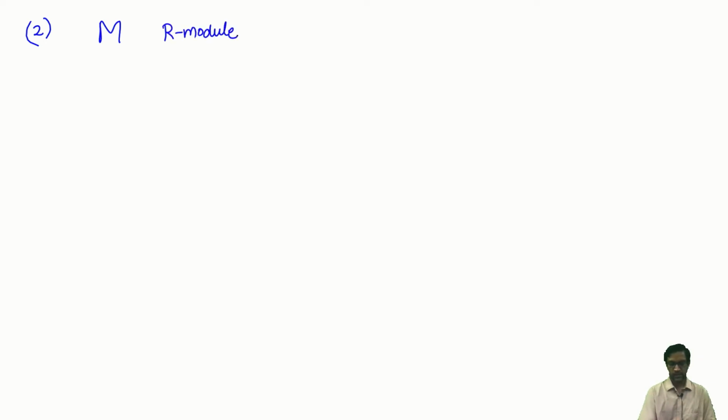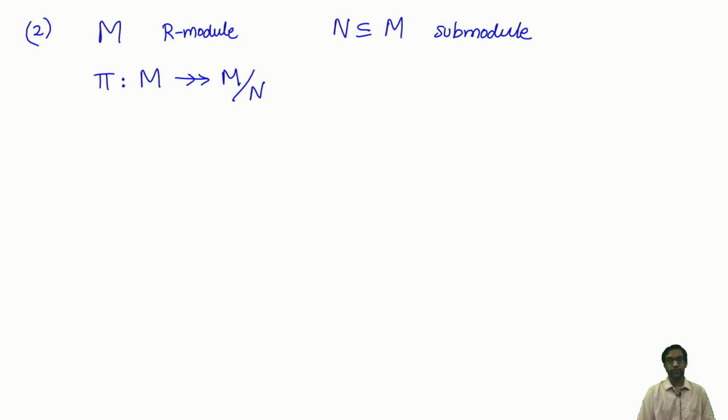Again, R is not necessarily commutative, and suppose I have a submodule N of M. Recall, that means I have the quotient M mod N, and in fact I have a quotient map from M to M mod N. This double arrow just means that this map is a surjection.